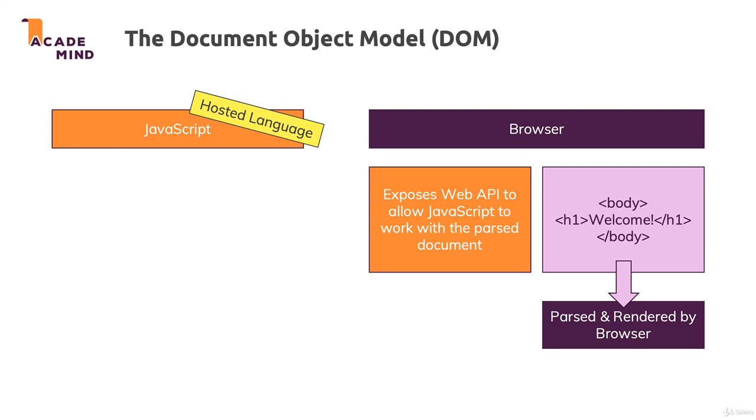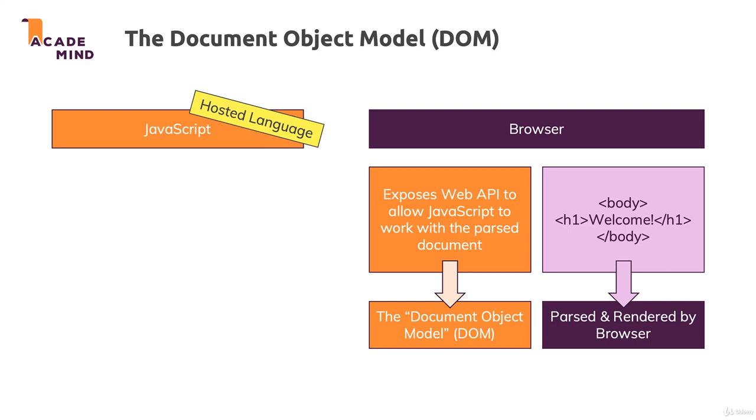We also saw that already, and it will become super important here now when we work with the loaded and rendered HTML code, because the browser actually exposes functionality to let JavaScript interact with that rendered HTML code. And in the end, that's called the document object model. The abbreviation, of course, is DOM, and that's where this term comes from. So the DOM in the end is this loaded and rendered HTML code, or to be precise, the object representation of this code which the browser creates behind the scenes, into which we can tap with JavaScript.